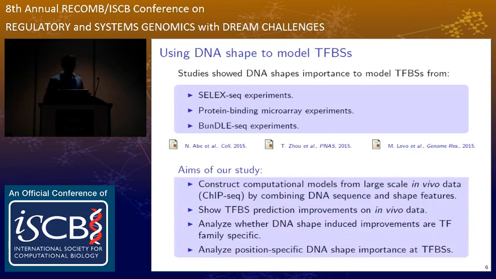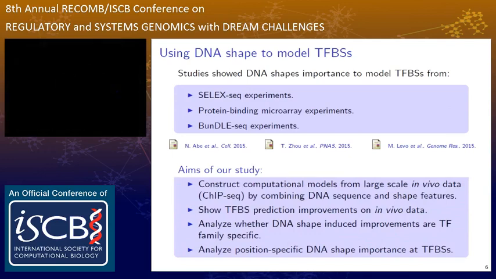So the idea was to address the following aims, where first we wanted to construct a computational model that is capable of combining both DNA sequence and shape features in a single model, and that you can train on in vivo data from ChIP-seq experiments, and then show that you can use this model to predict transcription factor binding sites, to discriminate ChIP-seq bound regions from genomic background, and improve the prediction on these in vivo data.